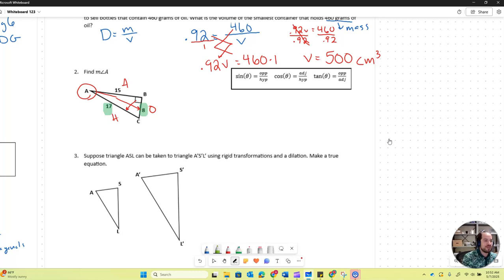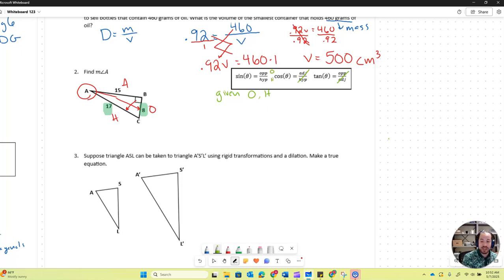So notice we're trying to find an angle. We're given O and H. So I need to figure out which ratio uses O and H. Well, cosine is adjacent over hypotenuse. That isn't going to work. Tangent is opposite over adjacent. That's not going to work. Oh, sine, SOH.